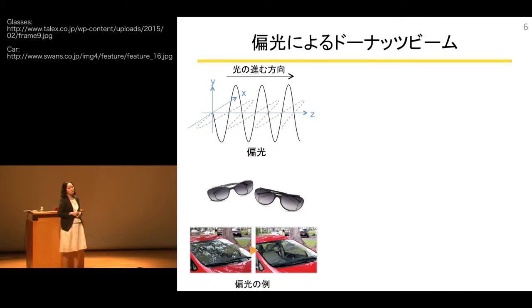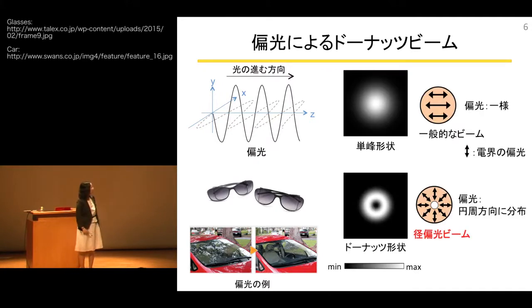This is because various polarized light reflected on the windshield reaches our eyes. But if you wear glare-proof glasses, you'll no longer see the glare and will be able to see the interior of the car, because those glasses allow only polarized light in one direction to reach your eyes. So this kind of polarized light is very important in creating the donut beam.